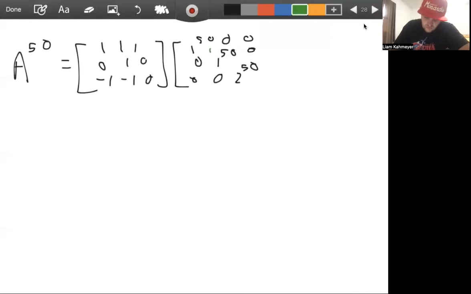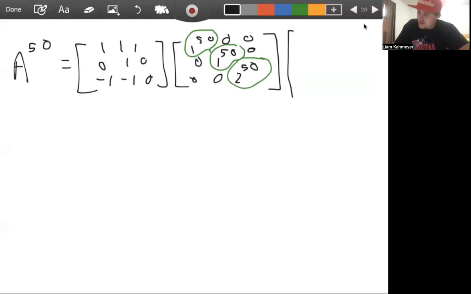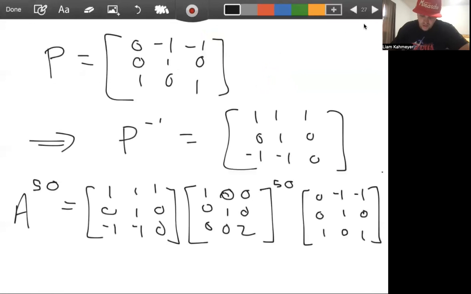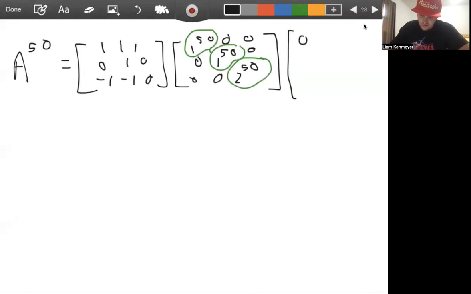I'll group my entries here so that's not confusing. There's the diagonal, and then we take that times P, which is 0, negative 1, negative 1, 0, 1, 0, 1, 0, 1.